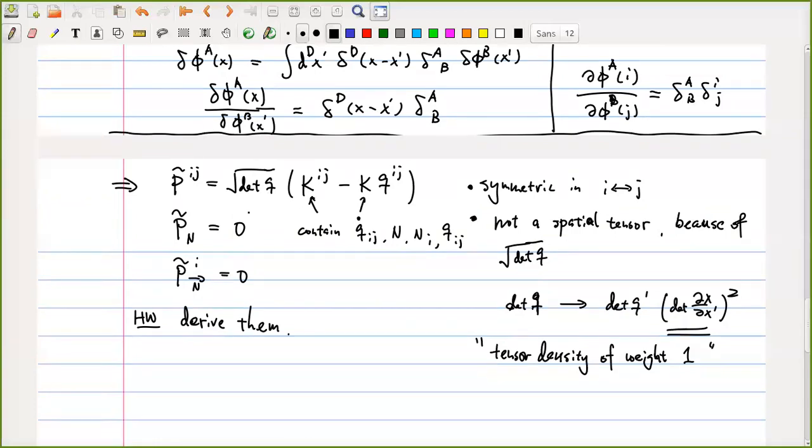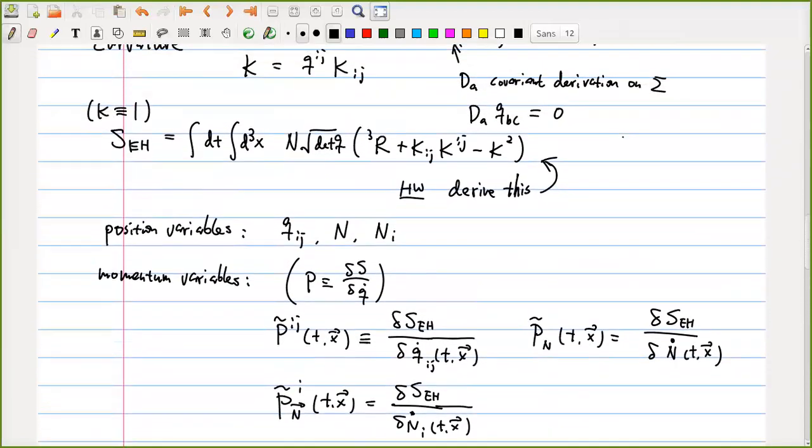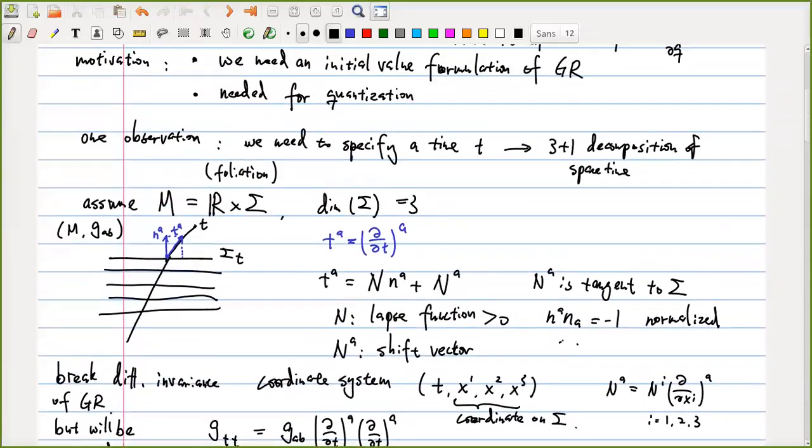Suppose you have a square root determinant Q to the power m, then it means it's a tensor density of weight m. I will talk a little bit more about tensor density at some point. And actually you have seen why you need that in integrals, for example, the Einstein-Hilbert action.